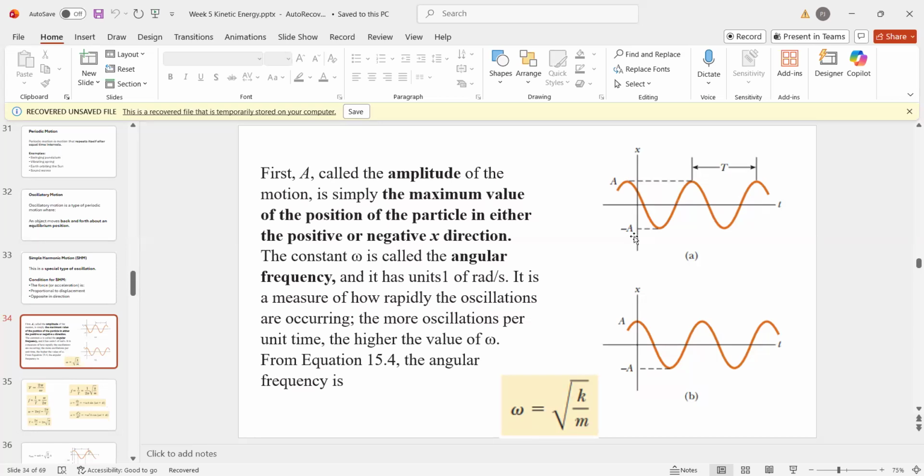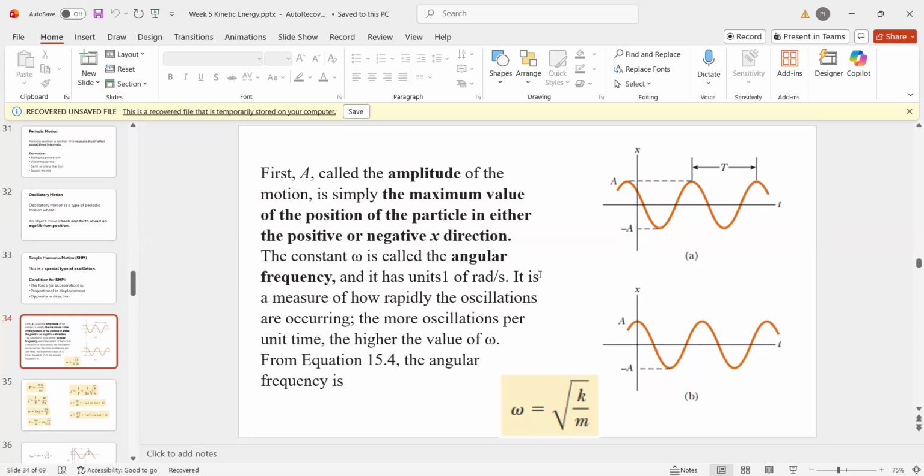So the constant angular frequency has a unit of radians per second. It's a measure of how rapidly the oscillations are occurring. The more oscillations per unit time, the higher the value of angular frequency.